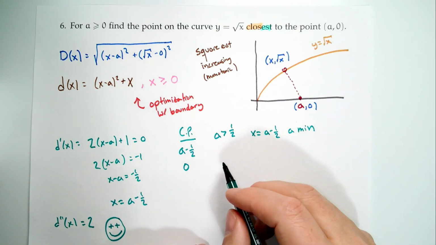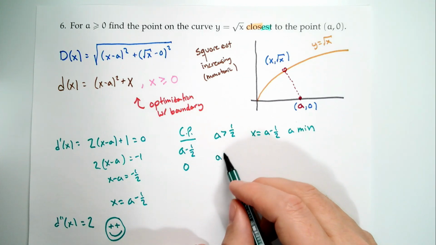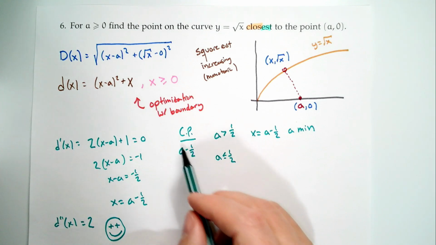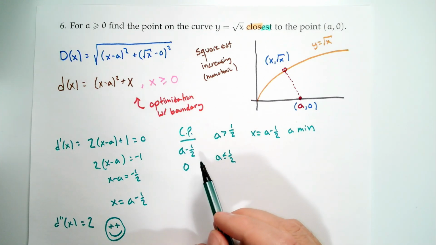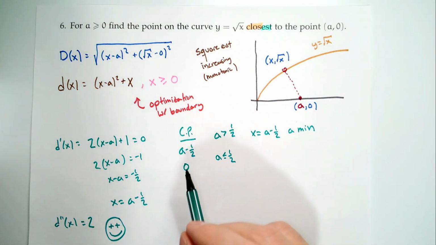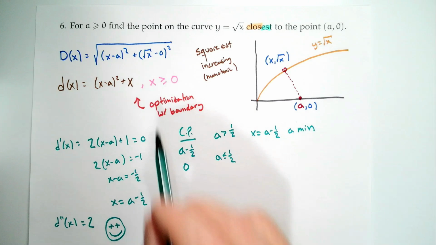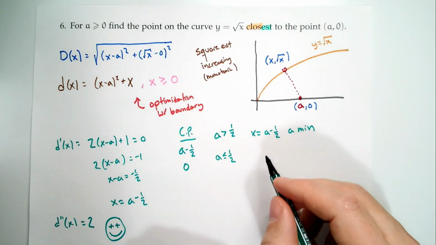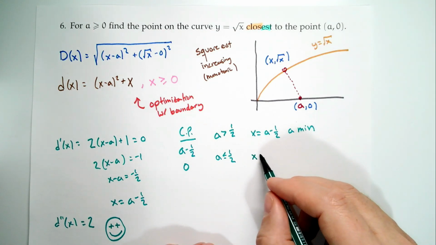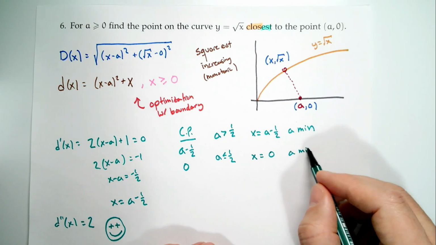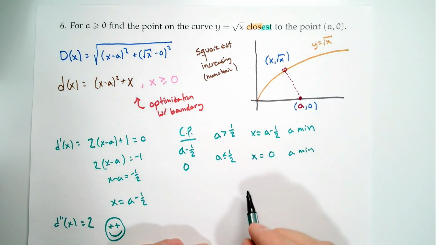All right, what happens when a is less than or equal to 1/2? Well, the problem is when a is less than or equal to 1/2, that point is gone because it's no longer in contention. Because what happens is a minus 1/2 is then negative. Well, you can't even consider it. That's outside our range of possibility, which means we only have one point. So that says that our closest point is x equals 0. That's the min. So this has two answers depending upon what a is.